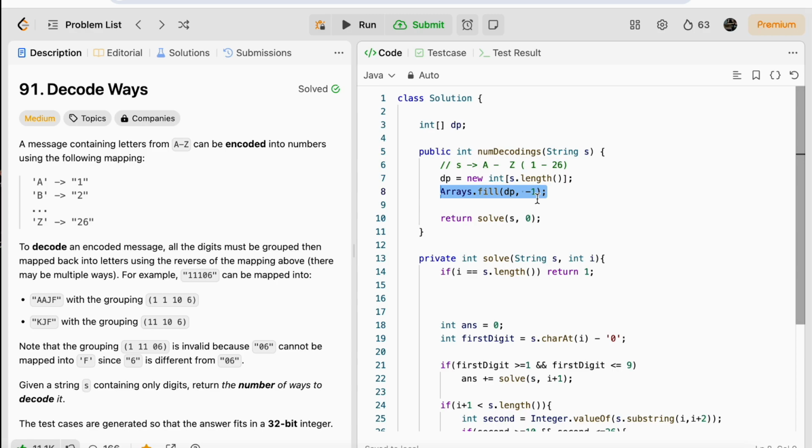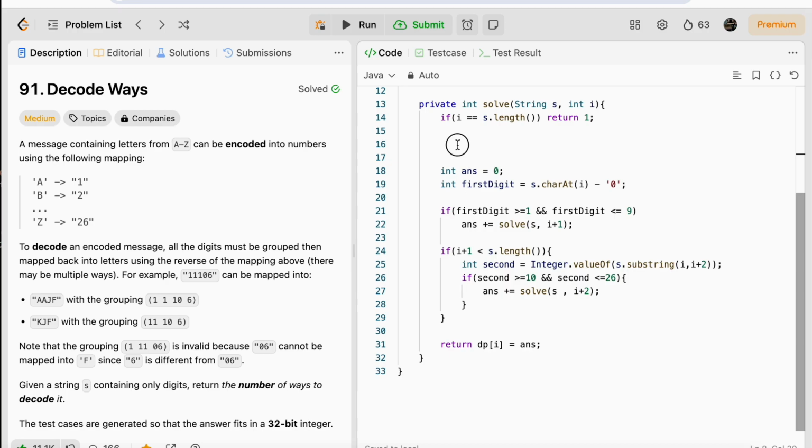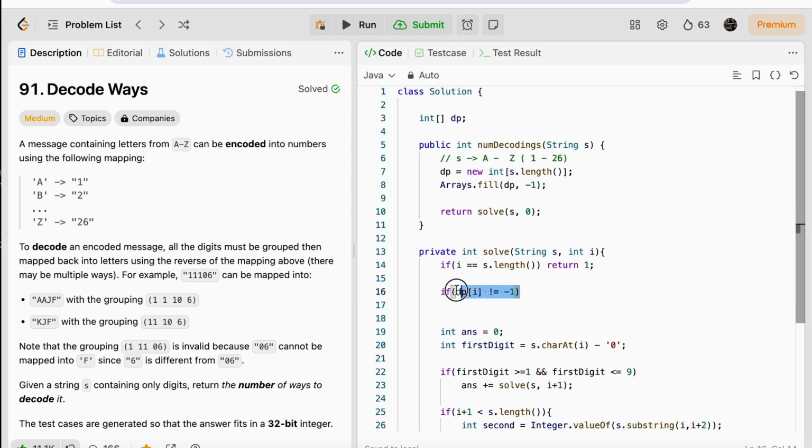Let's say dp[3] is 0. Then we would be calculating it again and again instead of using the memoized solution. So I am filling the dp array with a value that cannot be the answer. If dp[i] is not equal to -1, it means we have already computed the value for i, so we can directly return dp[i].